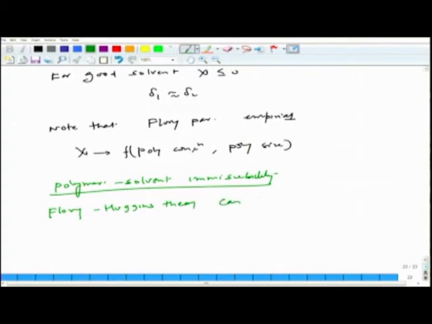So, Flory-Huggins theory can only explain partial immiscibility of a polymer solution system at low T. So, it requires chi to be greater than 0.